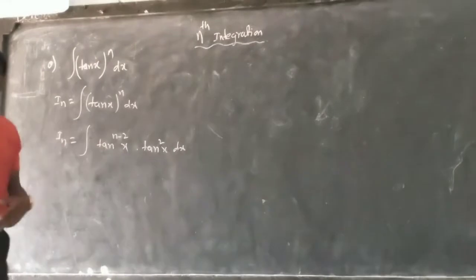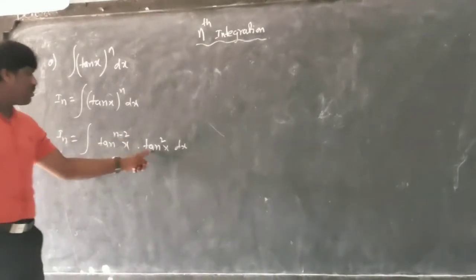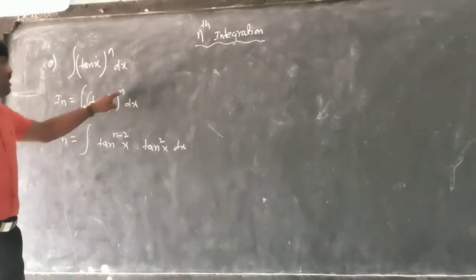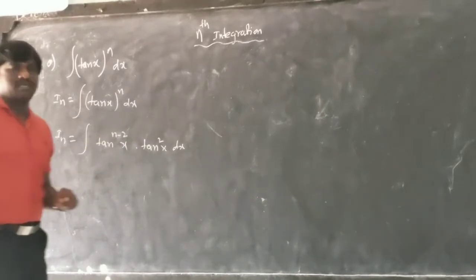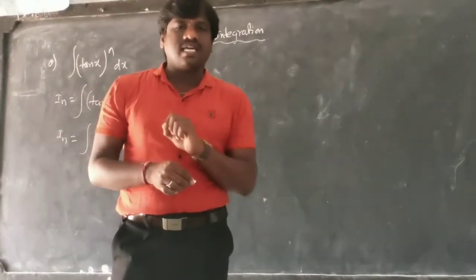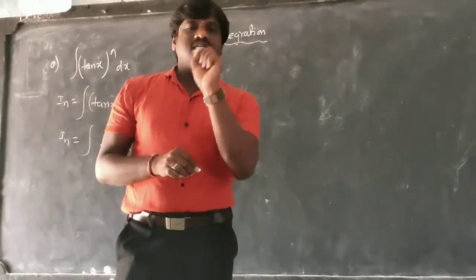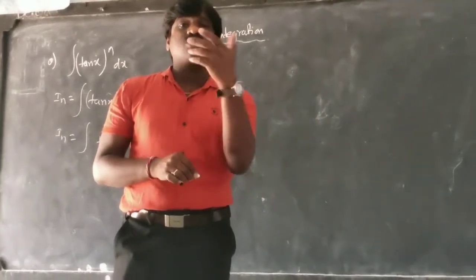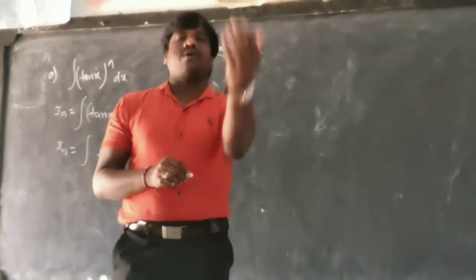Why did I write tan power n minus 2 into tan square x? The reason I wrote tan power n in this format is, if I take tan x as t, then what is the differentiation of tan x? Sec square x. I should get sec square x.